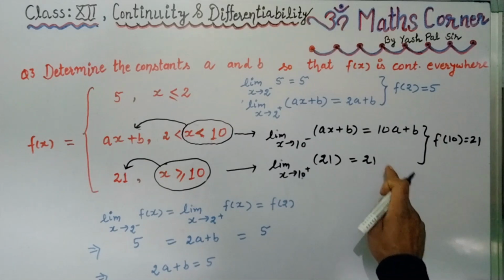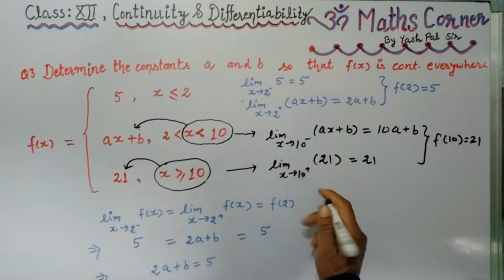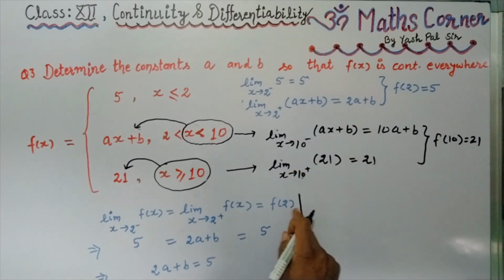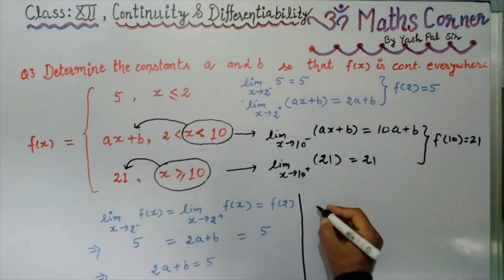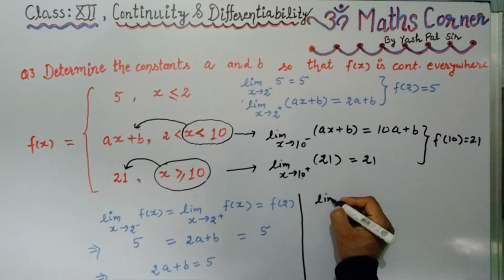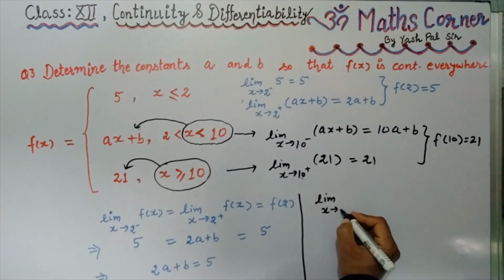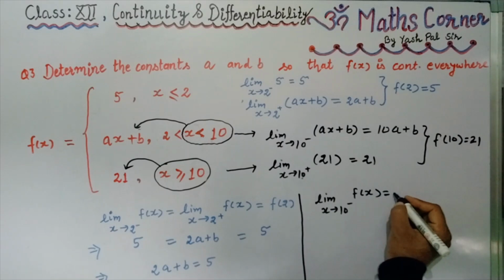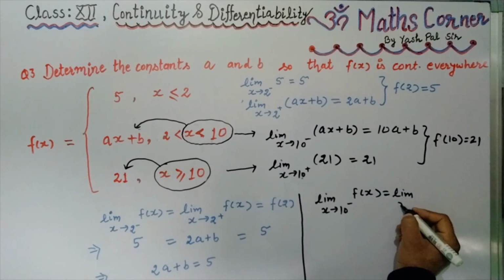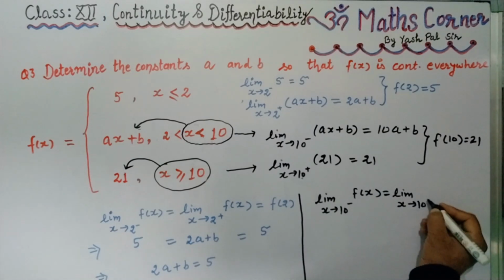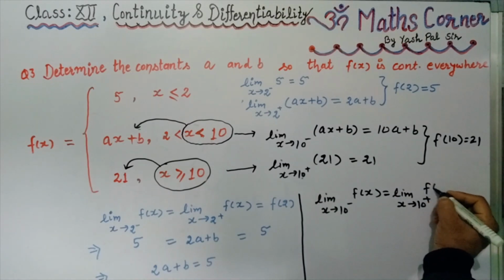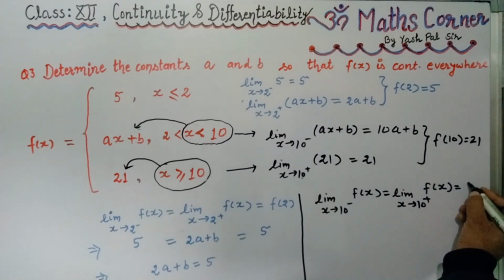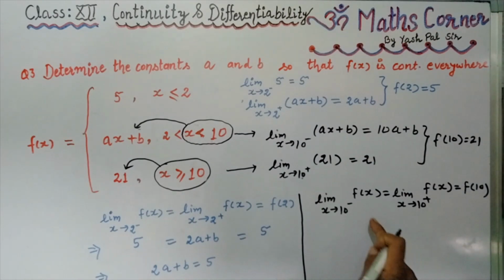The question is: determine constants a and b so that the function is continuous everywhere. That means the function is also continuous at x equal to 10. So we write the condition: the limit as x approaches 10 of the left-handed limit should be equal to the right-handed limit, and these two are equal to the functional value at x equal to 10.